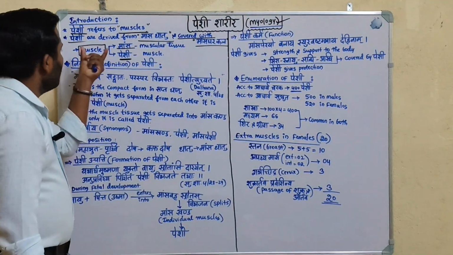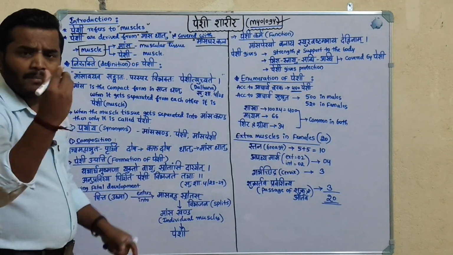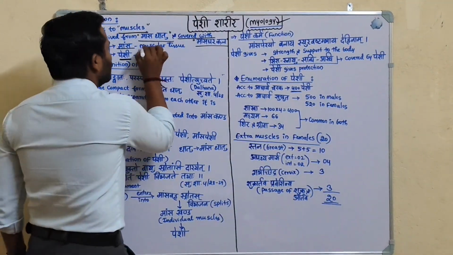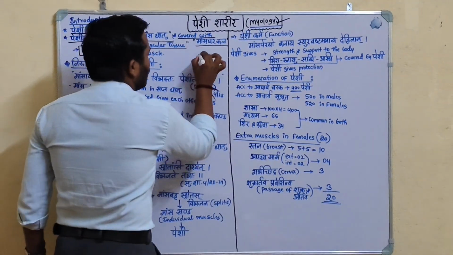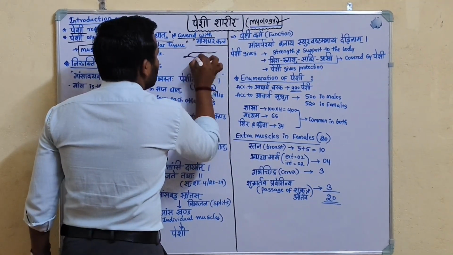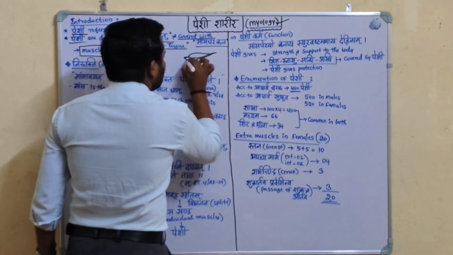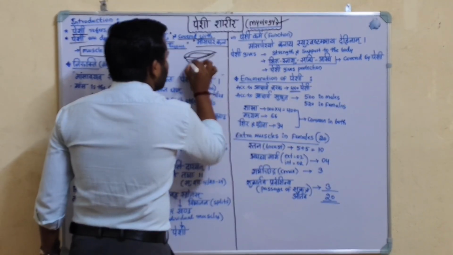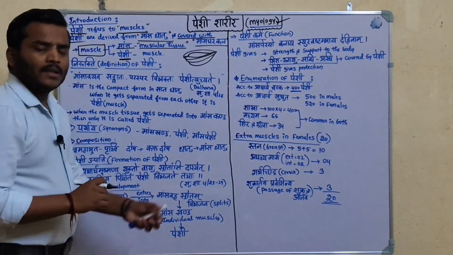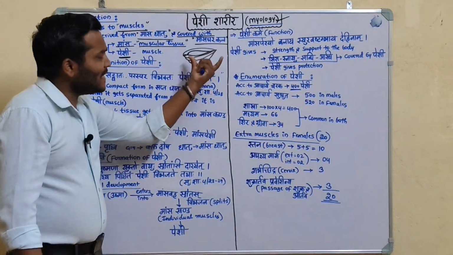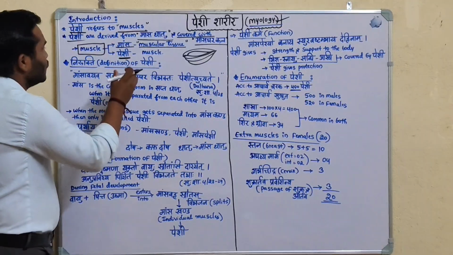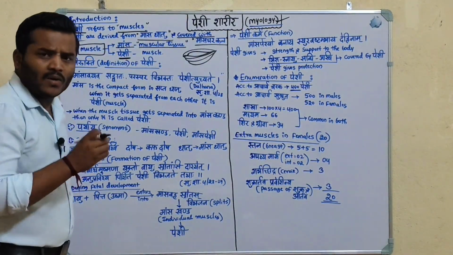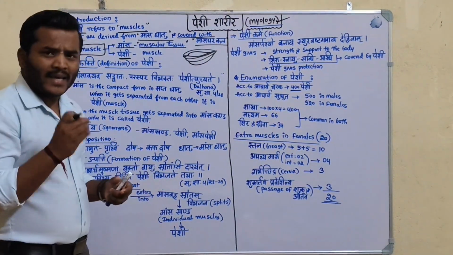Here muscle means mamsa, that is muscular tissue. Let us consider this as muscular tissue, and peshi is also called muscle.